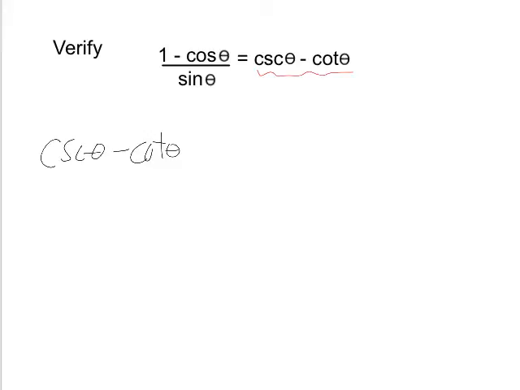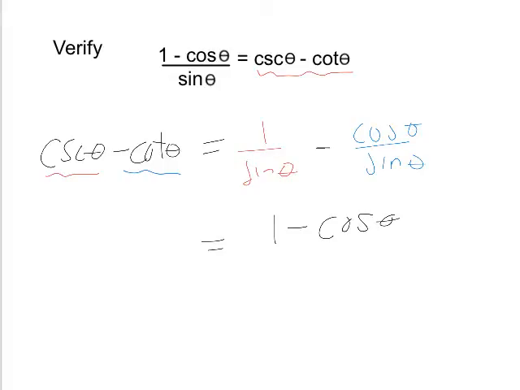And that is going to equal: cosecant of theta is 1 over sine theta, and cotangent of theta is cosine theta over sine theta, and we are subtracting them. They have the same denominator, so I can actually just write them as 1 minus cosine of theta over sine of theta, which is exactly what I wanted.